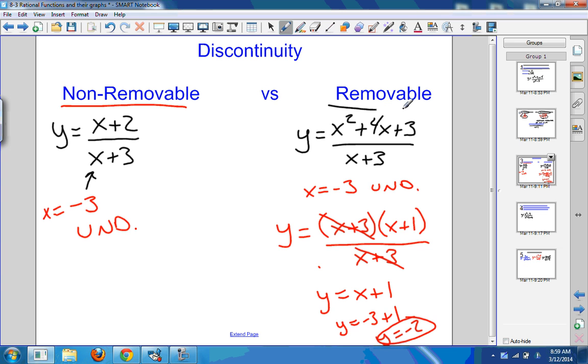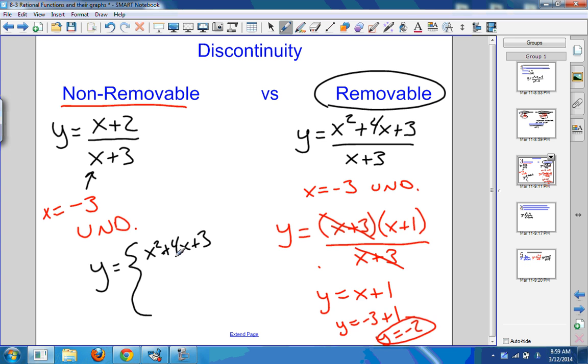So I can say that y is equal to, this fancy parentheses, x squared plus 4x plus 3 all over x plus 3 if x does not equal -3.